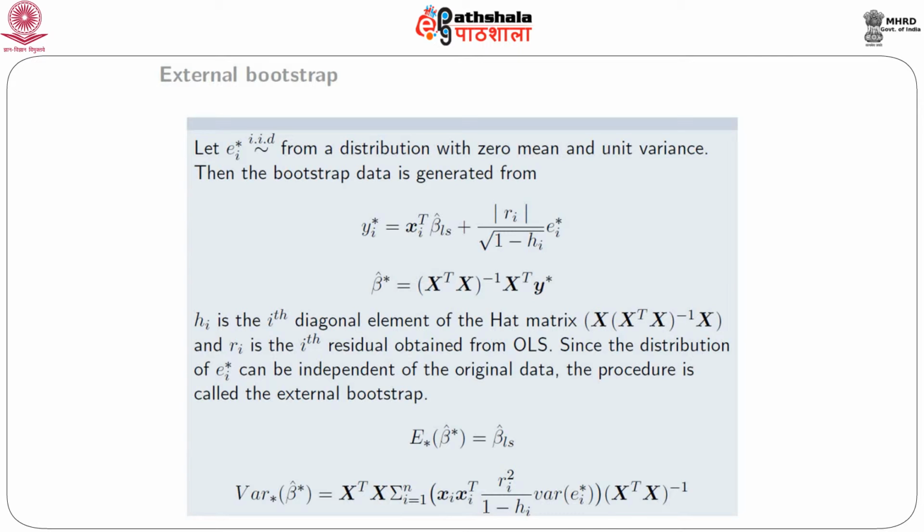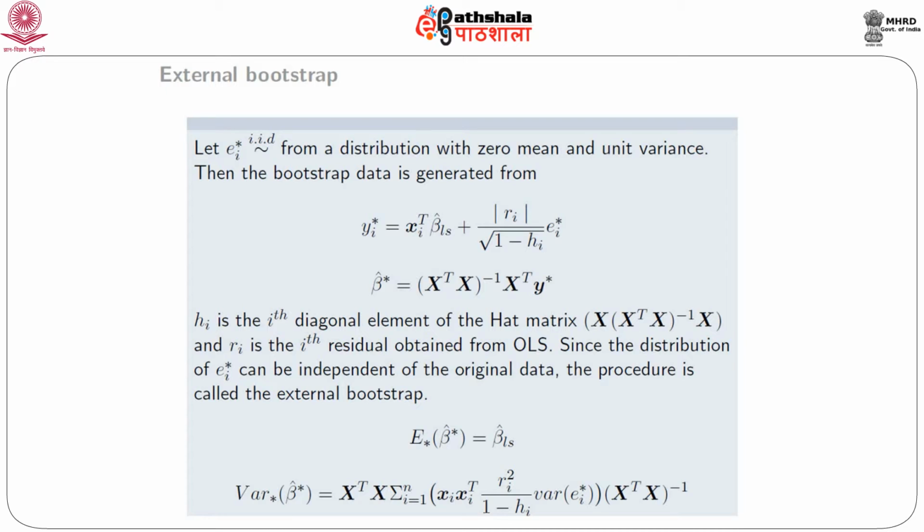Then the bootstrap data are generated by setting y_i star as x_i^T beta hat, which is the least square estimate, plus a ratio of the absolute value of the ith residual and square root of 1 minus h_i, where h_i is from the hat matrix, times e_i star, where e_i star is obtained from the mean 0 variance 1 distribution. Then beta hat LS is simply obtained in the same way, treating y_i star and x_i to be the data. So, that becomes (X^T X)^-1 X^T y star.